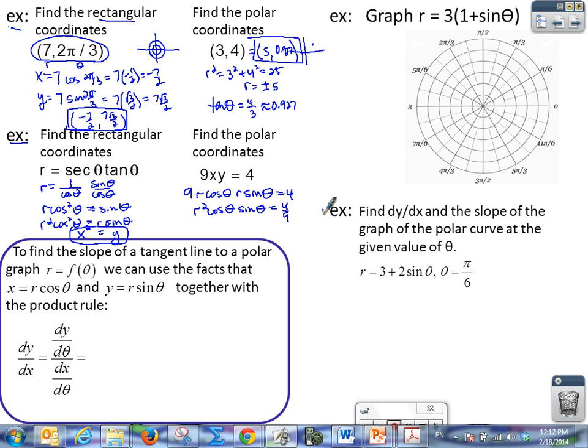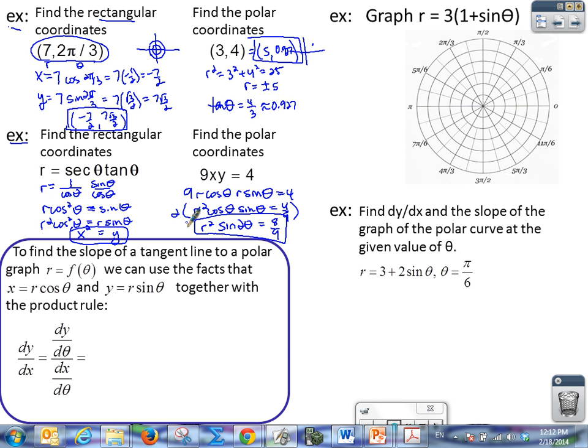So we're going to multiply everything by 2, and that's going to give us r squared times 2 cosine sine, which is sine 2 theta, equals 8/9. This would probably be how you would see it on a multiple choice.